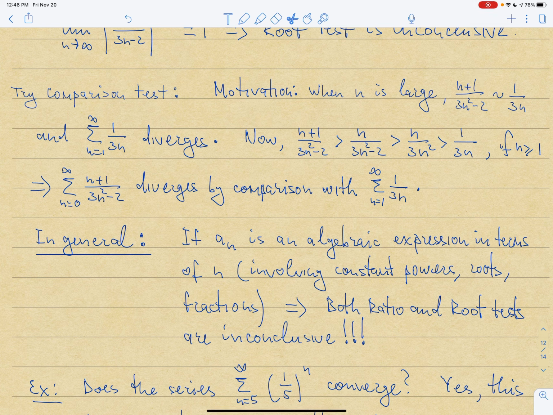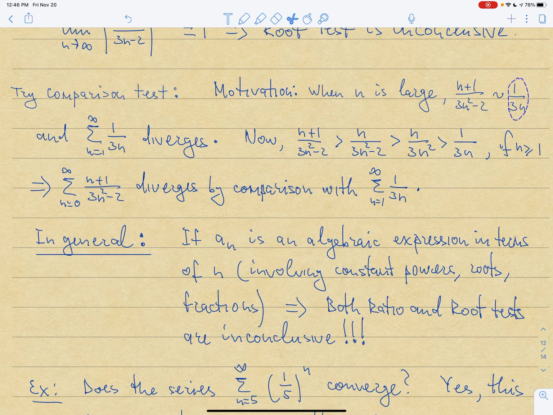Then what I see is essentially n over 3n squared. And if I cancel n, this is 1 over 3n. And what do I know about the series 1 over 3n? That's basically the same kind of series as 1 over n, except that you have an extra factor of 1/3. So that series is like a harmonic series, so it should diverge.